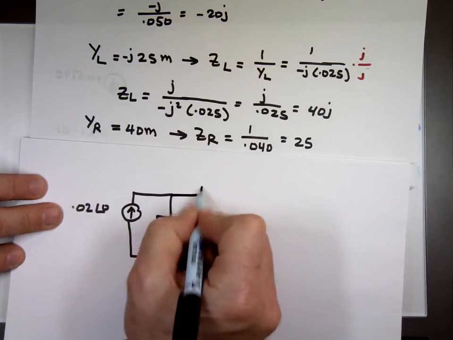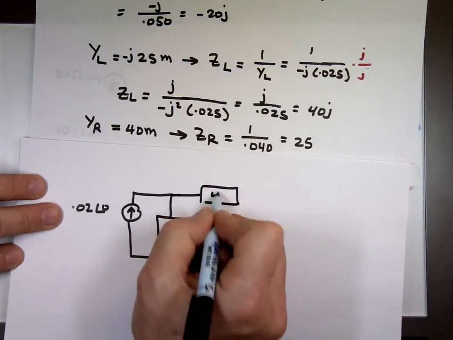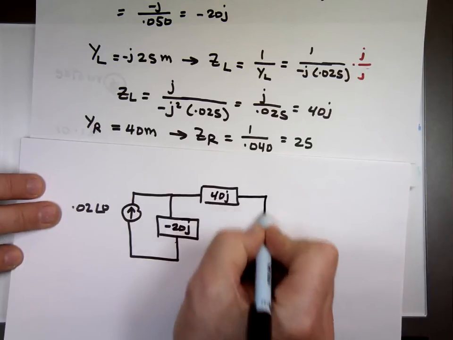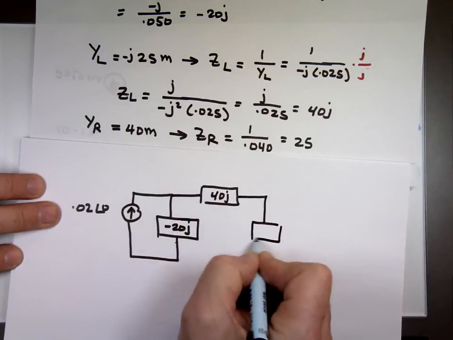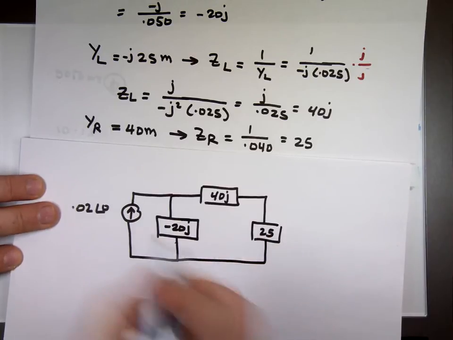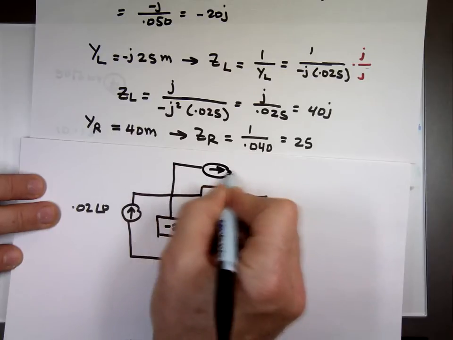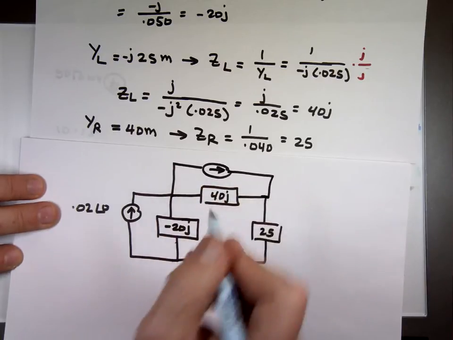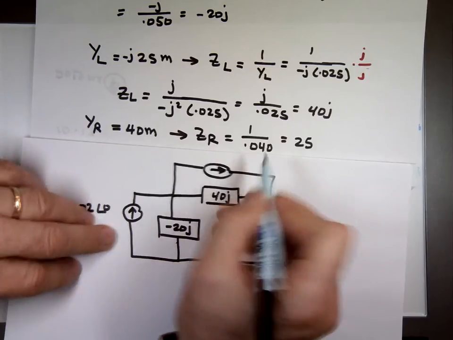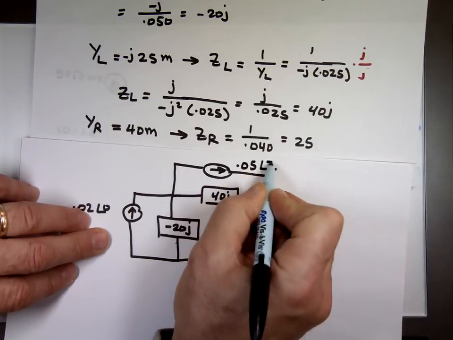An inductor of the value of what? 40j, positive here. A resistor of 25, and now I have a current source going that direction with the value of 0.05 angle negative 90.